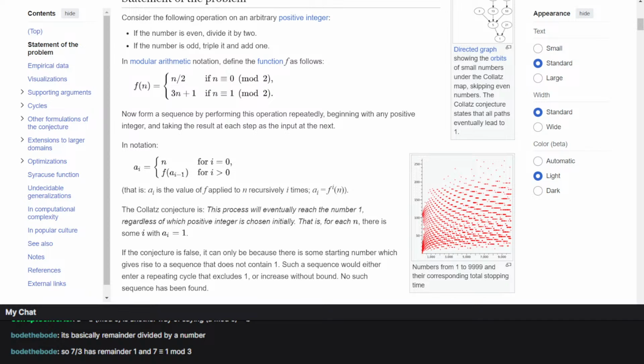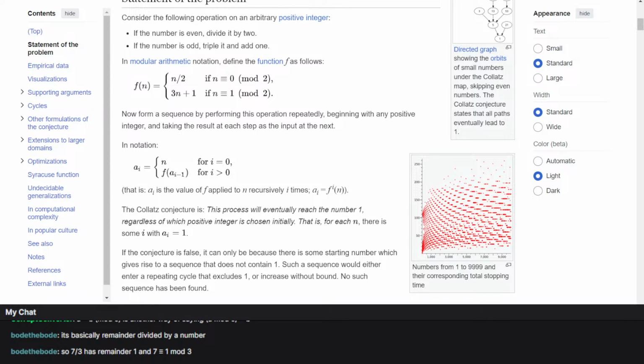Odepi Bode says 7 divided by 3 has remainder 1 and 7 ≡ 1 mod 3. Okay. I already forgot what it meant, so I'm gonna scroll up and read it again. Oh, A is a multiple of B mod C. Another way of saying A mod C equals B. Okay. Oh.